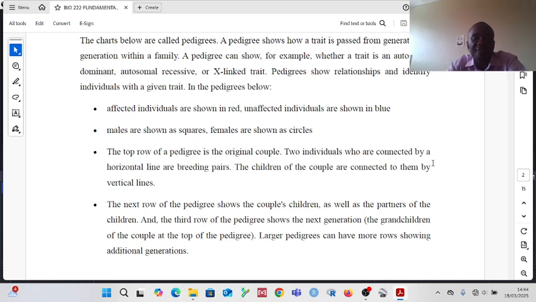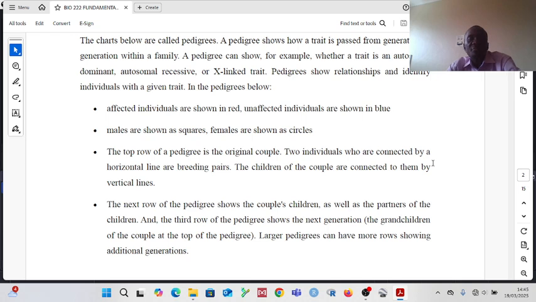So the ones who are affected will be in color red. Okay? The ones who are affected are colored red. The ones who are not affected are colored blue. So we are talking about now either having the trait or not, but not about the gender. So the color is showing us who has the trait, who doesn't have the trait.